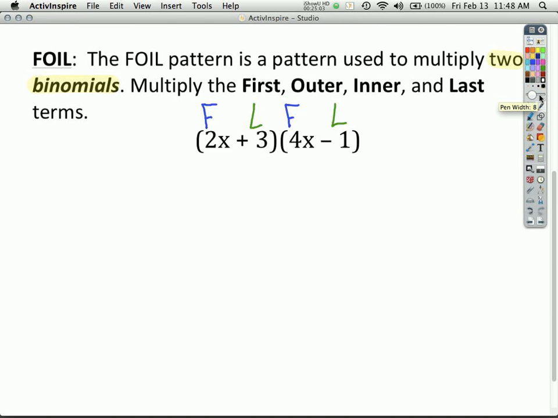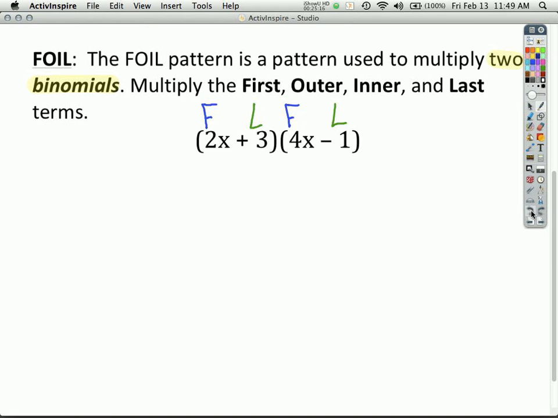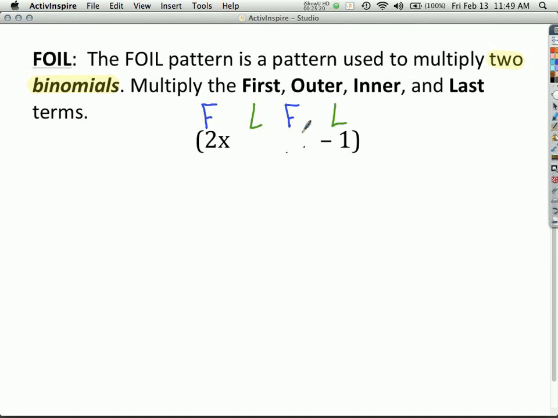Now, outer and inner. Outer means on the outside of the whole thing. If I got rid of this, those are on the outside. Right?